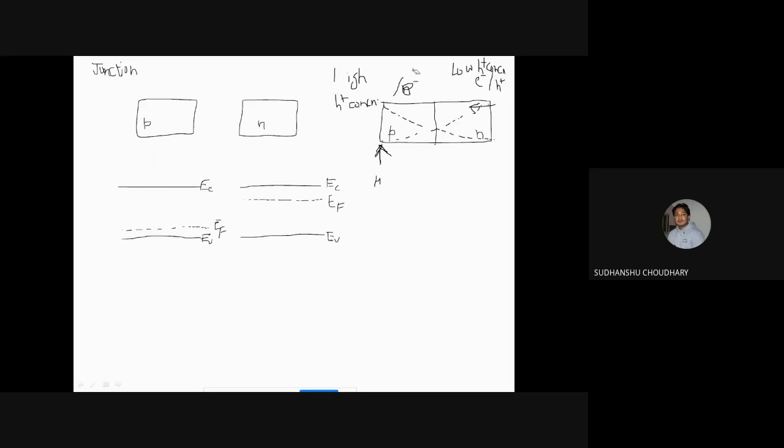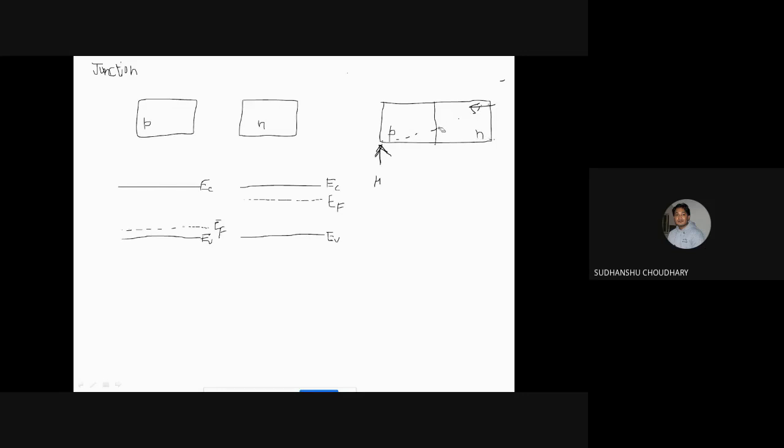So since I have a concentration gradient, that is a hole concentration gradient from P to N and an electron concentration gradient from N to P, right?